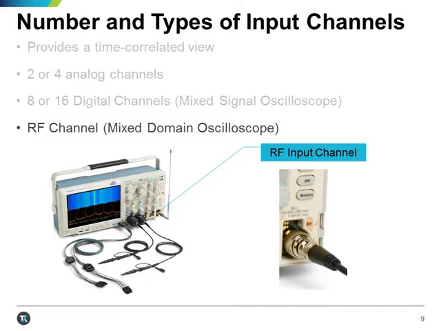Tektronix pioneered the concept of a mixed domain oscilloscope, or MDO. These instruments include the same analog and digital channels as the MSO, but they also add an RF input channel that behaves almost like a spectrum analyzer. With the advent of wireless on almost every design, engineers have the need to ensure functionality of their embedded designs in very different ways.